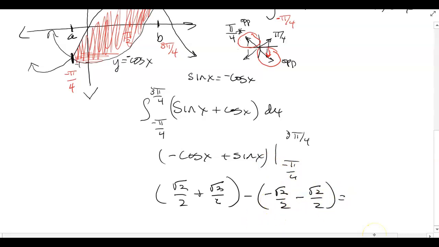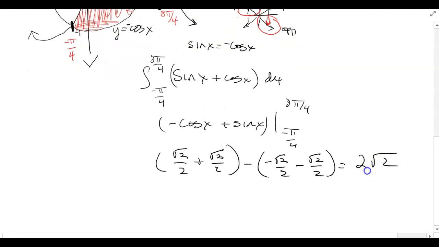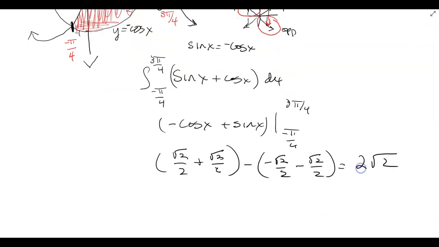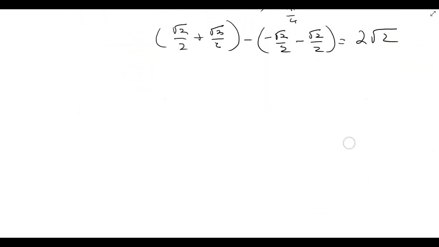And if you distribute, we end up with 4 square root of 2 over 2, which equals 2 square root of 2, which is the area between these two functions. So again, this will work the same way for any two functions.